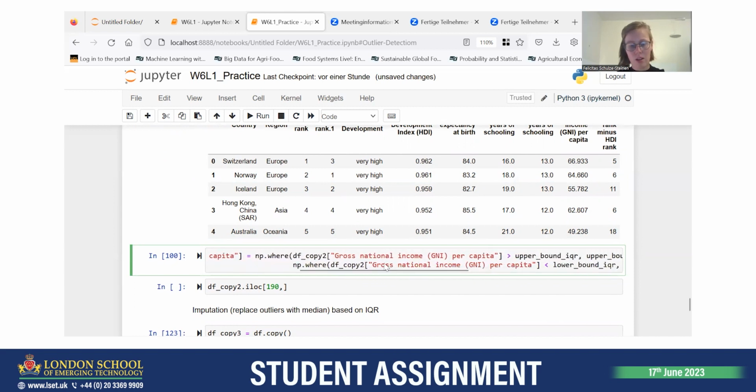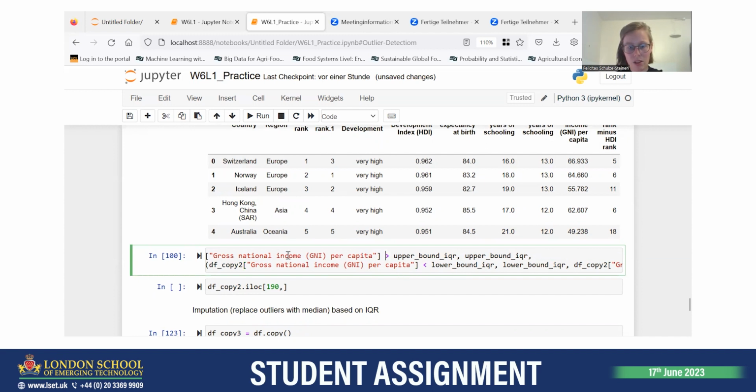So this basically checks for the condition if the data points in the column GNI are above the upper bound or below the lower bound. So here in the first where statement, it checks if it's above the upper bound. If it is above the upper bound, then the value is just replaced by the upper bound.